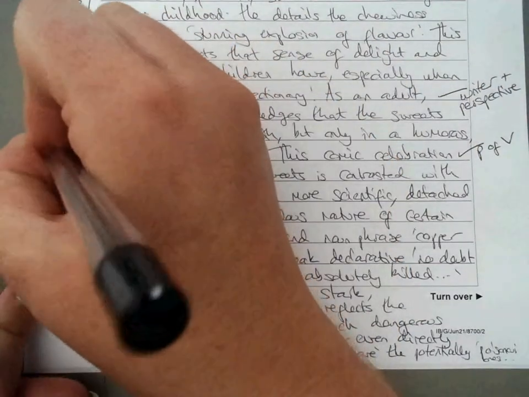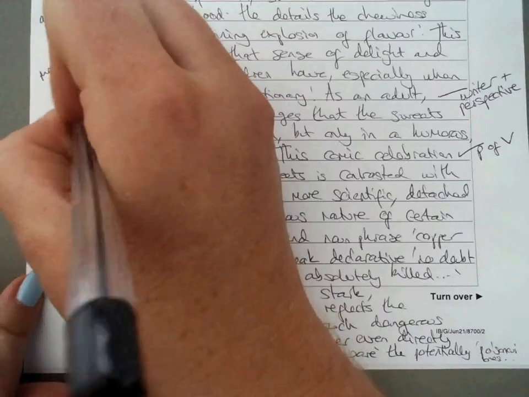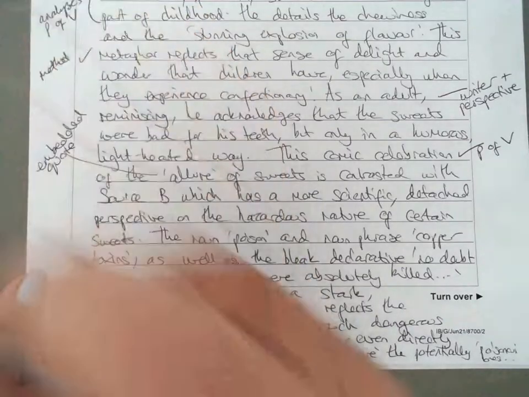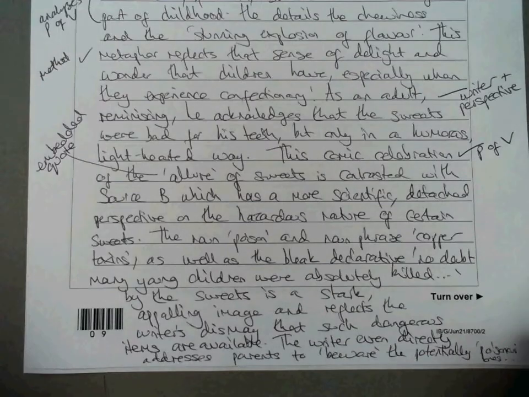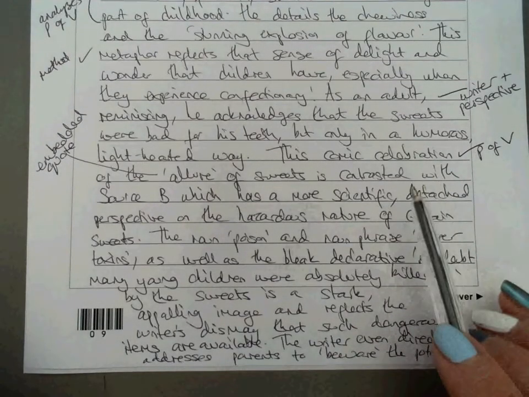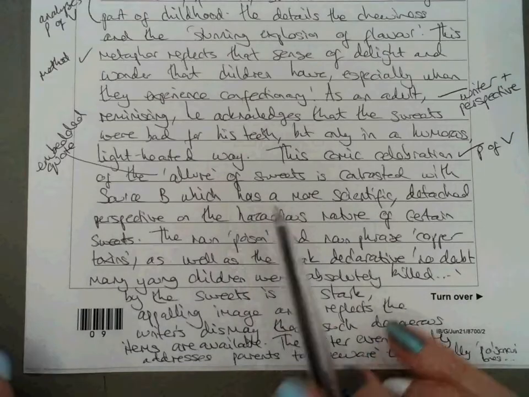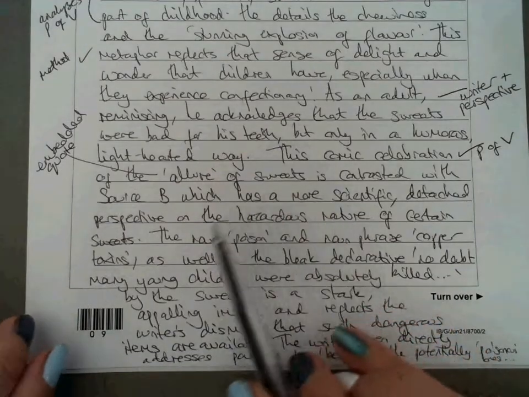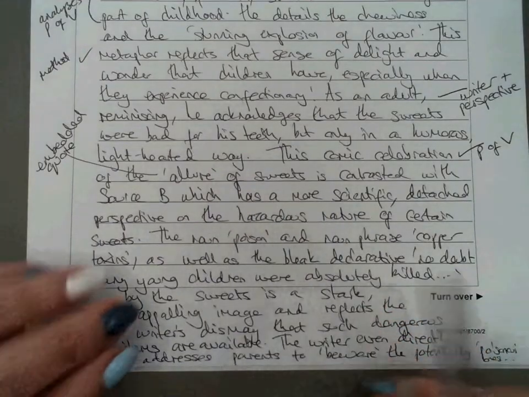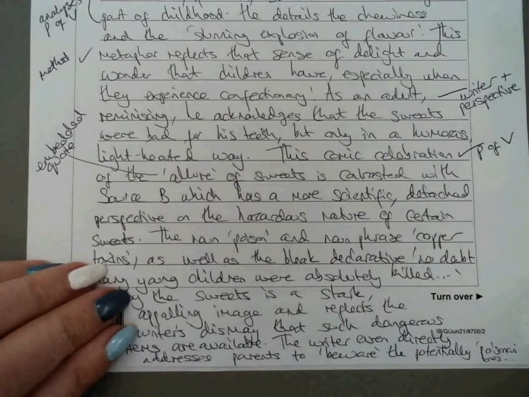In this sense, I've just got an embedded quote. I haven't zoomed in on it particularly. But at this point I want to bring in a comparison. So I'm saying it's contrasted with Source B, which has a more scientific, detached perspective on the hazardous nature of certain sweets.